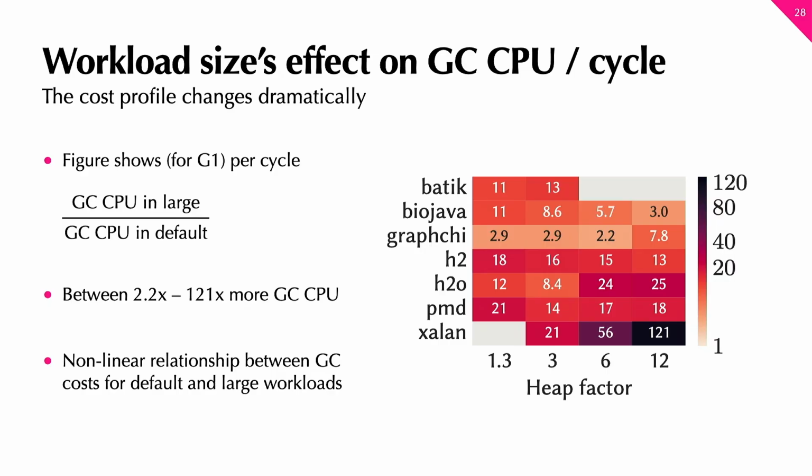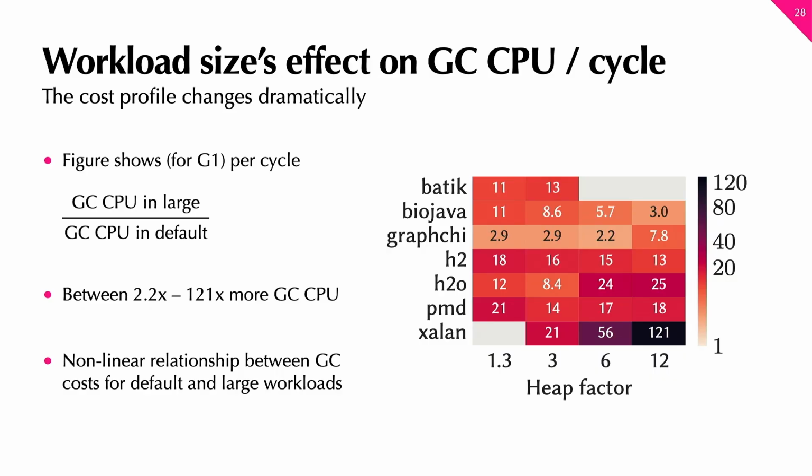So now we're looking at the heat map where we have the benchmarks on the y-axis and different heap factors on the x-axis, and in each cell we are figuring out the GC CPU cost for the large workload per cycle, and dividing that by the cost of a cycle in default benchmarks, right?